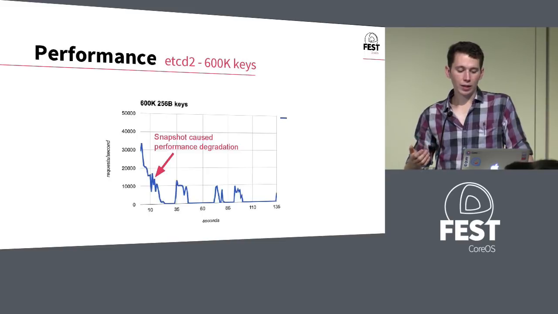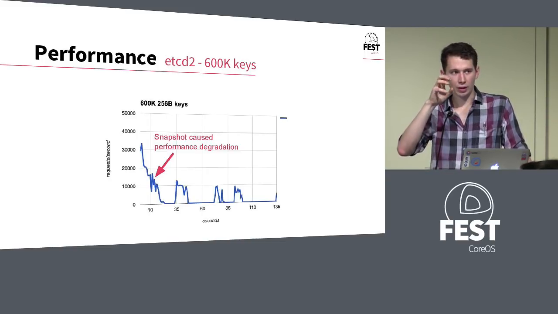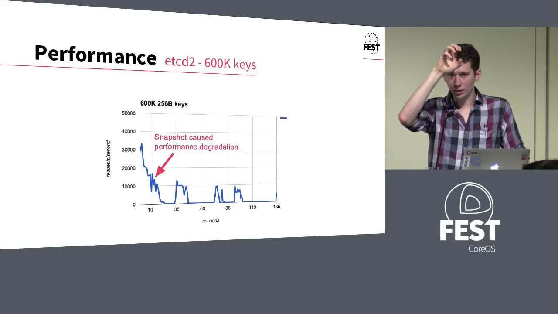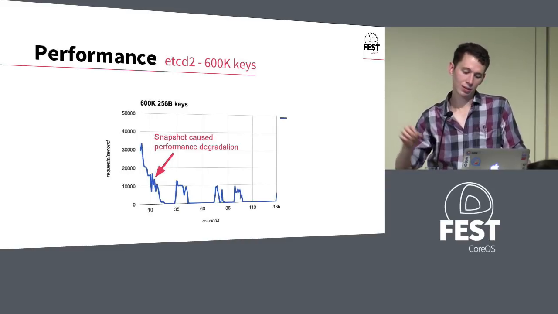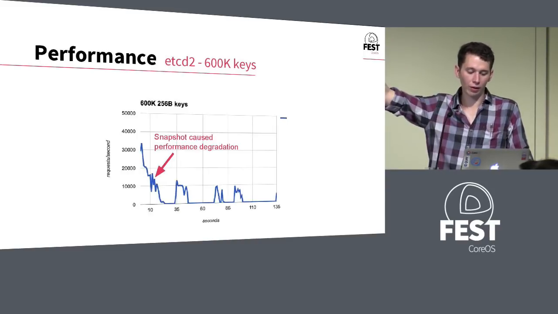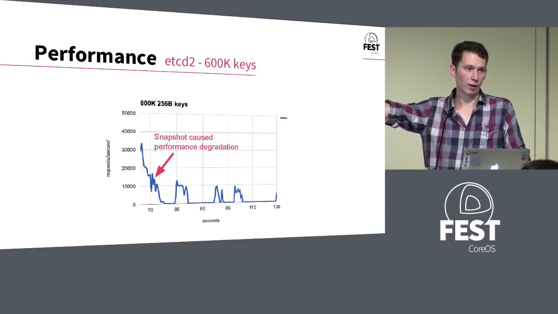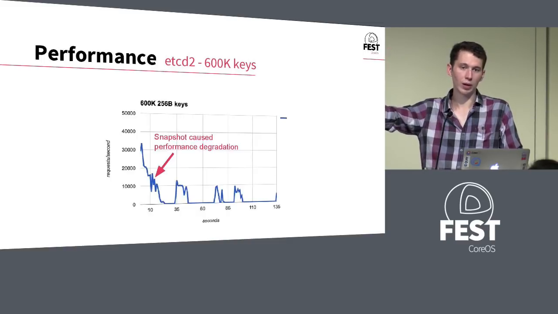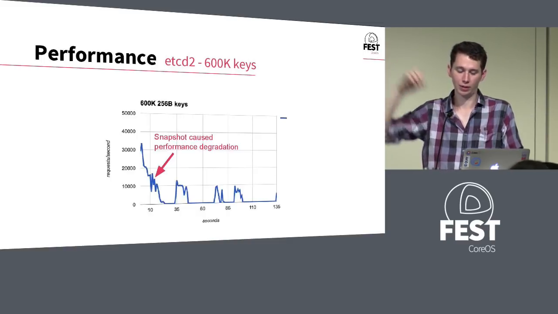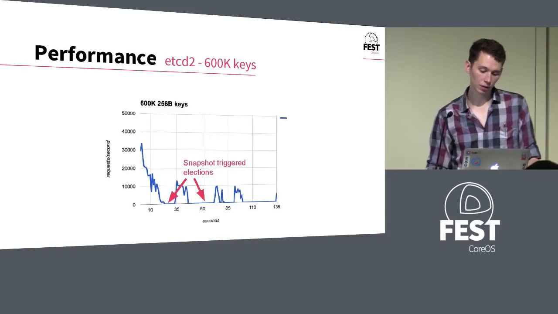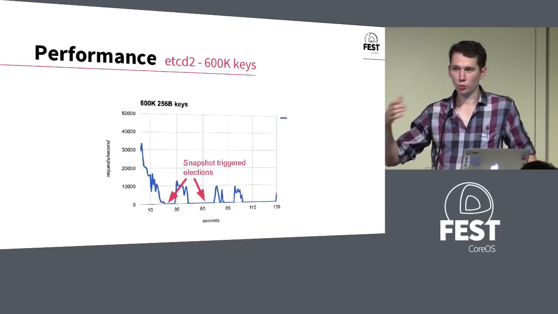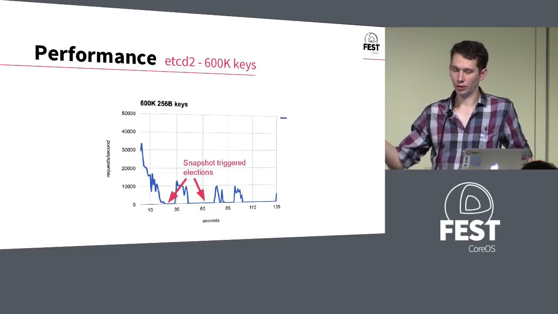And what you'll see here is that with etcd2, once you get up to a larger number of keys, the snapshots, where we actually take the entire data store and write it out to disk, which we take on a periodic basis, cause etcd to start to fail. So we start to see performance degradation where etcd machines will actually go down to 0 requests per second for a time until that snapshot completes. And in fact, it gets worse. We start to trigger leader elections during these snapshots.